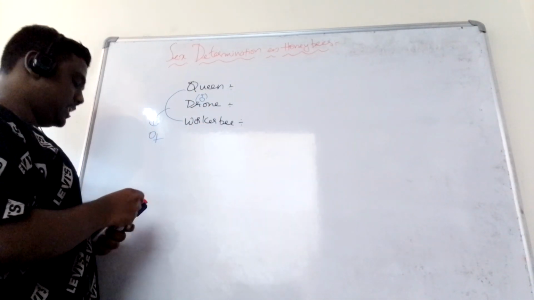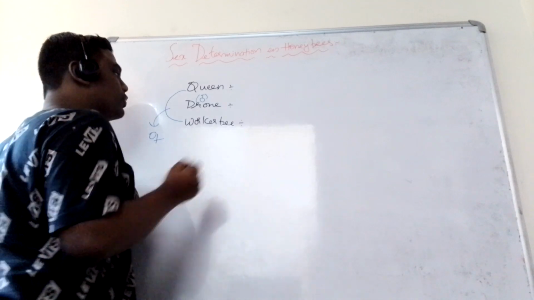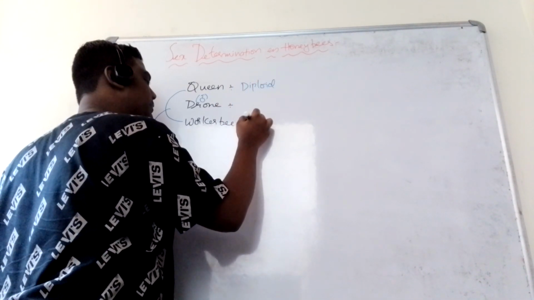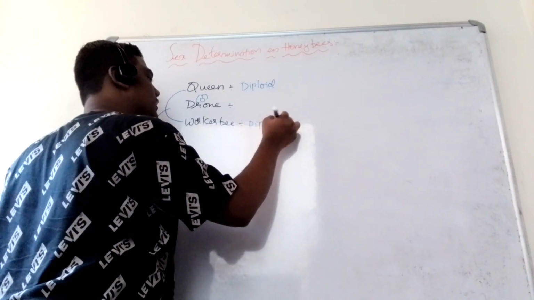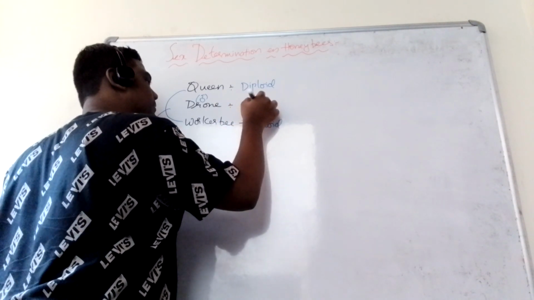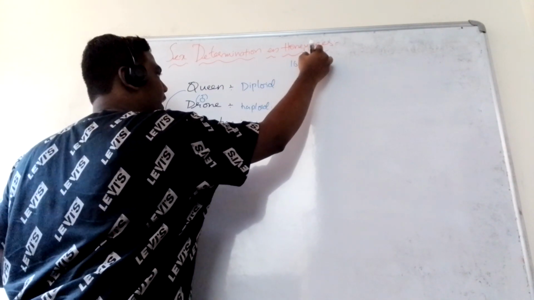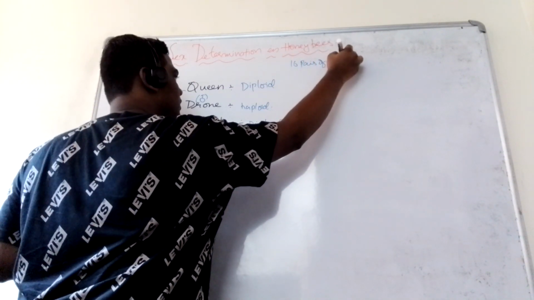Another interesting thing to be noted is, queen is diploid, worker bee is diploid, drone is haploid. Honeybees have 16 pairs of chromosomes.